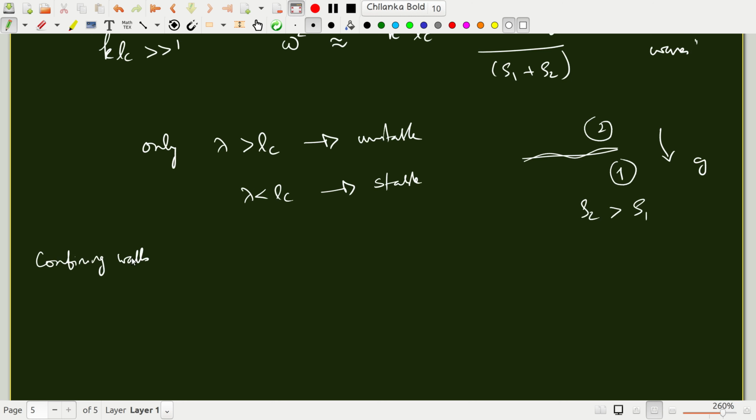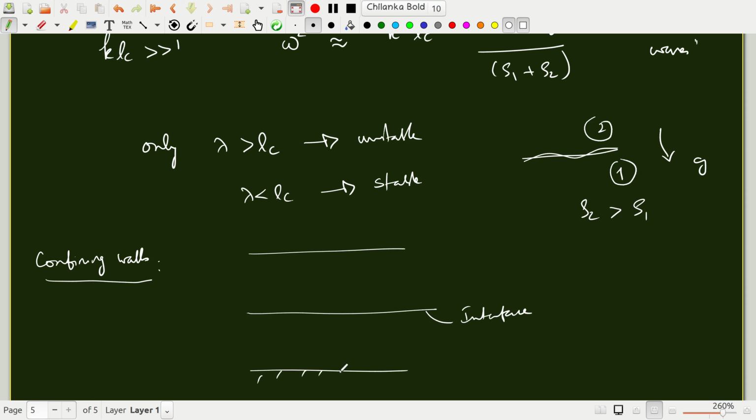We said that we are considering semi-infinite fluids. In reality, there will always be some boundary. This is the interface, and these are the confining walls. If h is the distance between the interface and the walls, only for lambda of order h will the effect of the walls be felt.